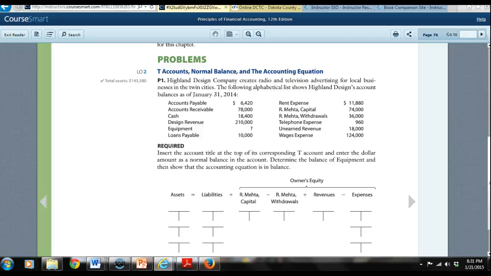Insert the account title at the top of its corresponding T account and enter the dollar amount as a normal balance in the account. Determine the balance of equipment and then show that the accounting equation is in balance.